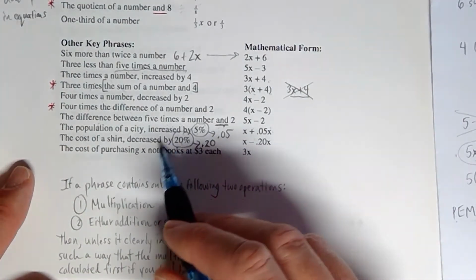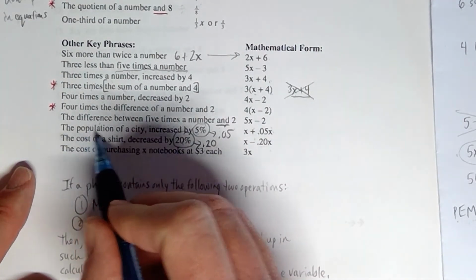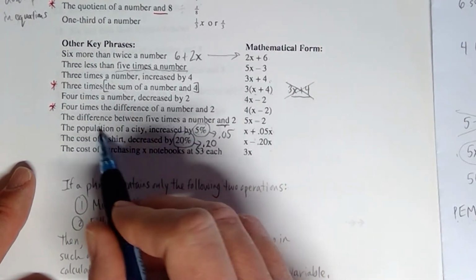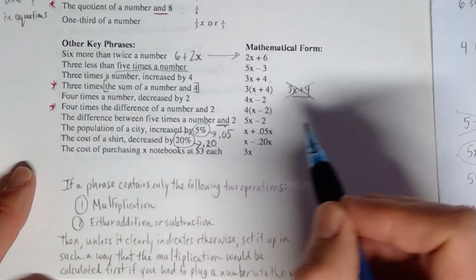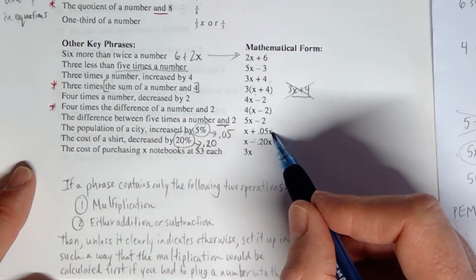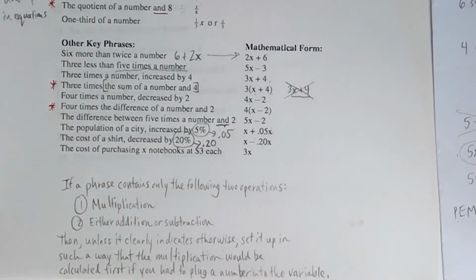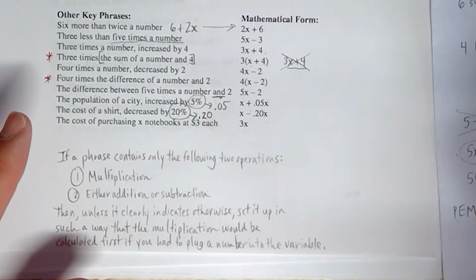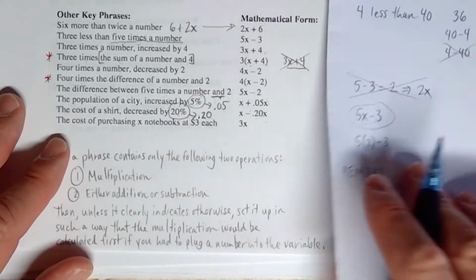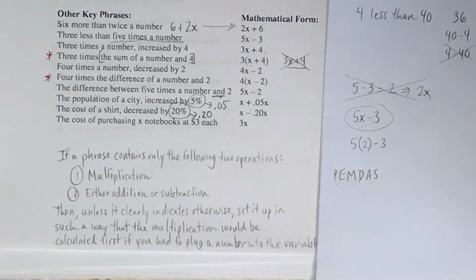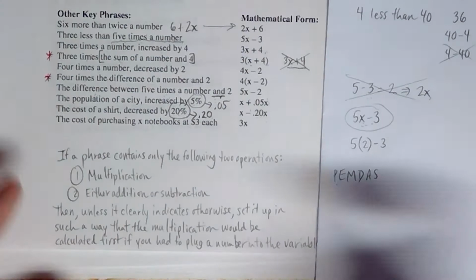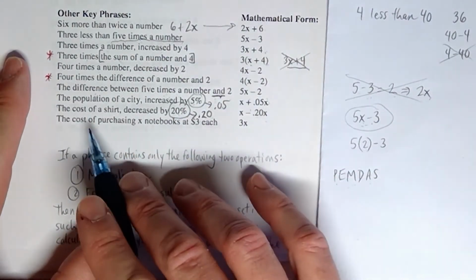So when you increase or decrease something by a percentage, whatever you're increasing or decreasing at the beginning of the phrase has to be written again over here. So if the beginning of the phrase is x, you got to write x again. That's something you see a lot in real life situations as well when they talk about increasing or decreasing something by a percentage. So that's a real good thing to know.